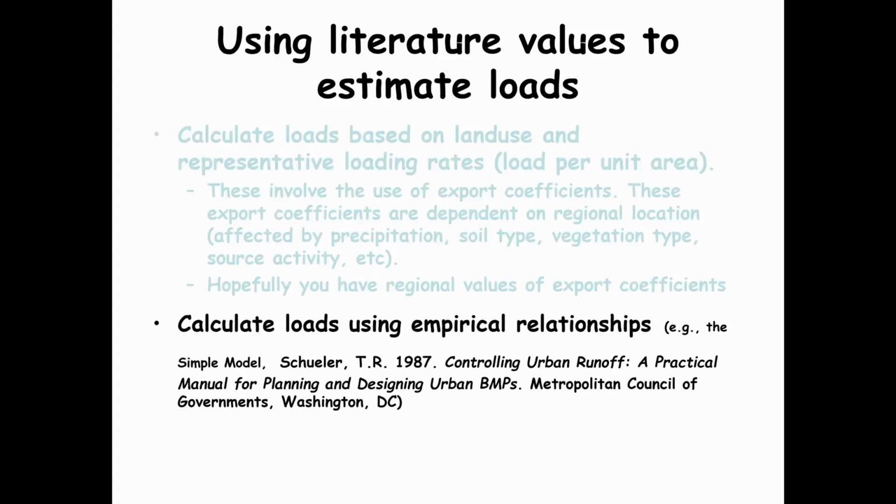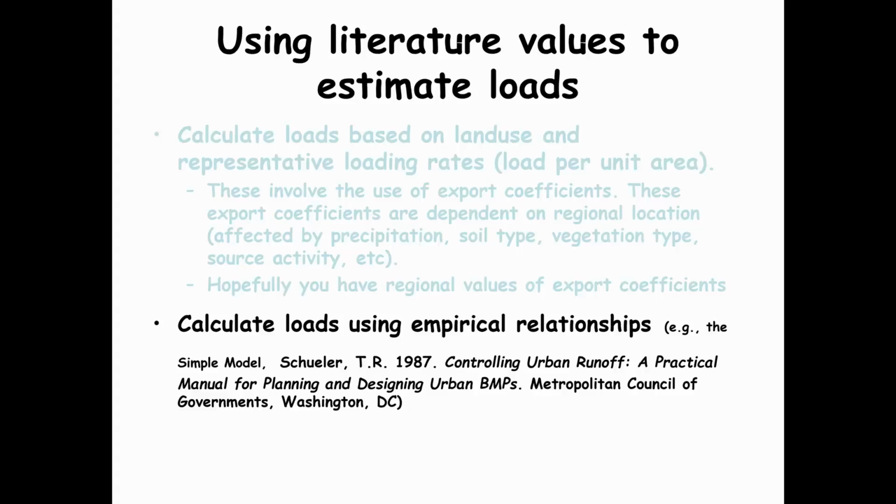So with this approach, a model called the Simple Model was developed, which represents this kind of approach. Here we're calculating the loads using empirical relationships, and a reference for this is the one by Schueler from 1987 called the Simple Model.